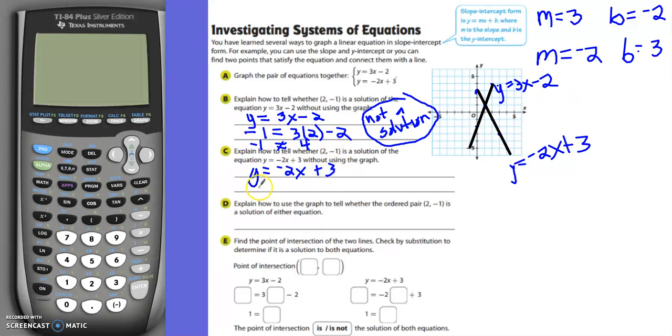Y is -1 and x is 2. -2 times 2 is -4. -4 plus 3 is -1. -1 does equal -1, so this is a solution.